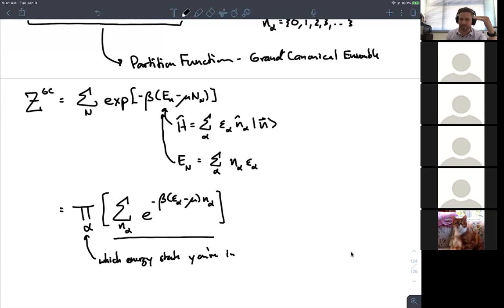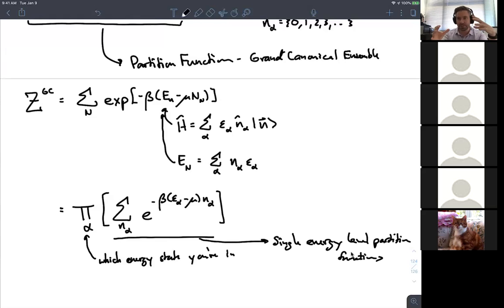So the things in the brackets are the single energy level partition functions, and to get the total partition function, you just multiply them all together. That's essentially where we left off on Friday.